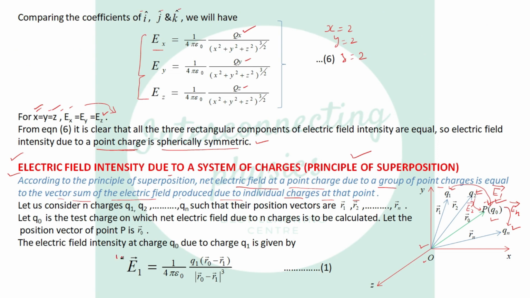E1, the electric field intensity at charge Q0 due to Q1, is 1 over 4 pi epsilon naught Q1, because we saw that the electric field does not depend upon the test charge. It only depends upon the source charge. So E1 is R0 minus R1 vector divided by the magnitude of R0 minus R1 whole cube.